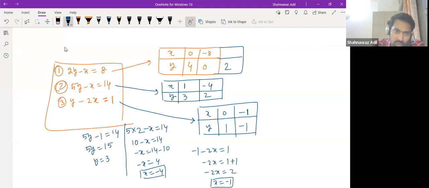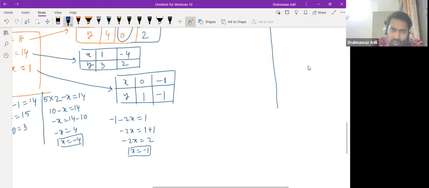So this is 2 into 2, 4 minus x equal to 8. So minus x is 4. So x is minus 4. Now let us draw these points.